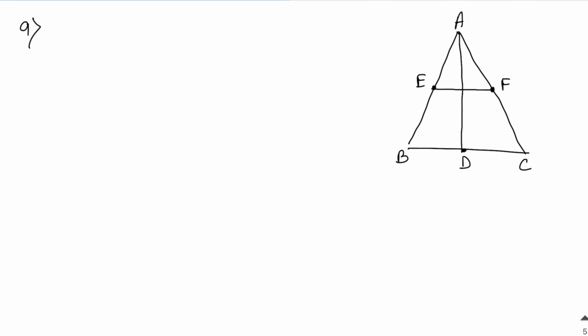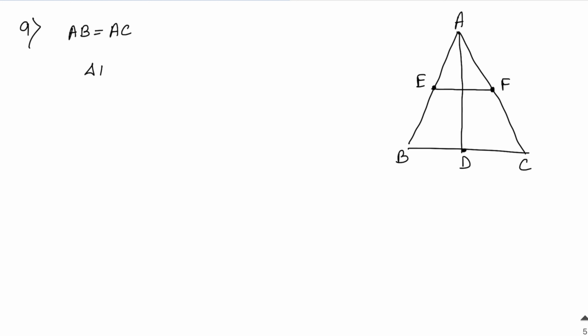Now sum number 9. In sum number 9, ABC is an isosceles triangle where AB equal to AC, and D, E, F are the midpoints of BC, AB and AC respectively. Prove that the line segment AD is perpendicular to EF and is bisected by it. So as here ABC is isosceles, AB equal to AC. Okay, it's clear.